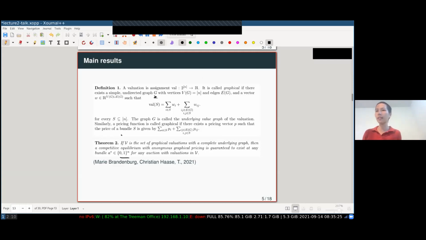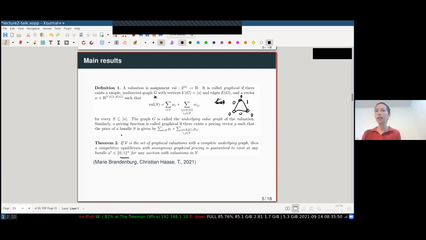In my previous example, I do have a complete subgraph. For example, for my spaghetti agent, the value is 1 here, 0 here, 0, 0, 0. So the graph that defines the agent's valuation is indeed a complete subgraph of the triangle.